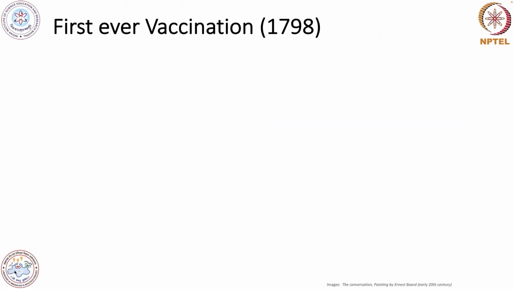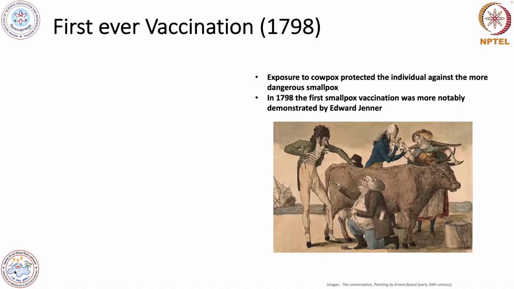Okay, so after that there was a lot of work, and then this vaccine came in 1798, and this name is very much familiar to you, probably the name of Edward Jenner.